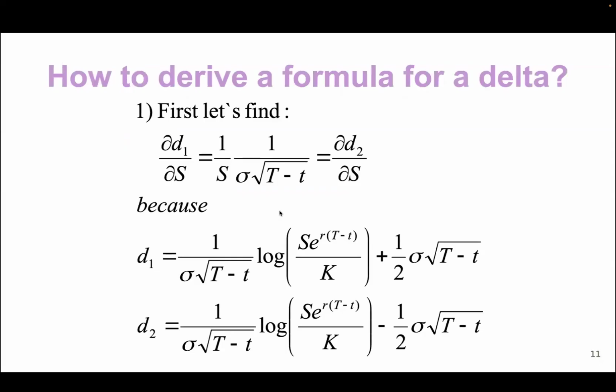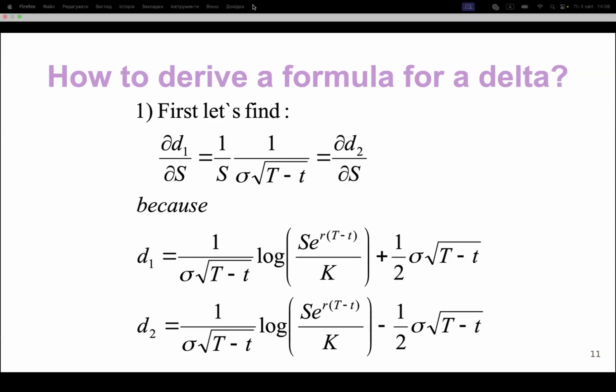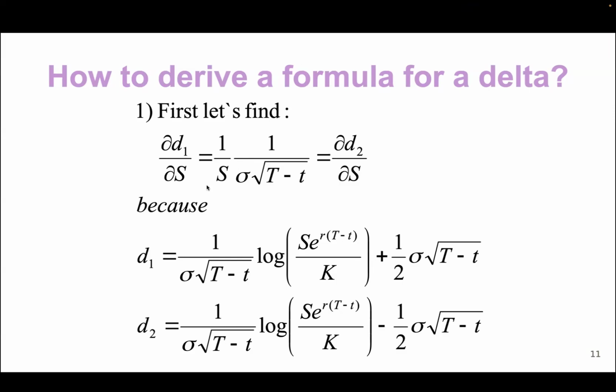And now I need to show you how to derive a formula for delta. It has several steps. The first step: we know d1, d2 from the Black-Scholes formula.